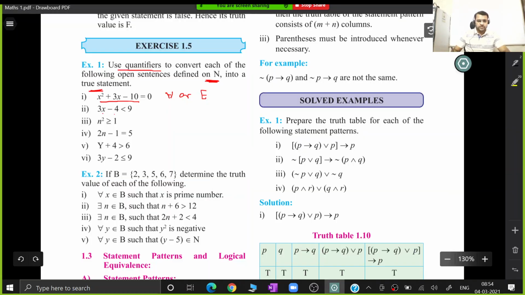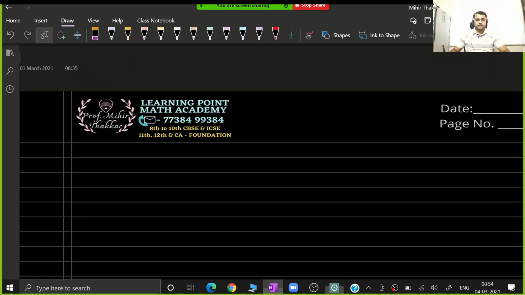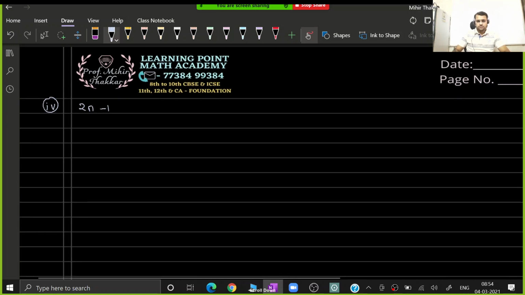The fourth one over here is 2n minus 1 is equal to 5. So let us check for the fourth one. Once again, I have to check all values of the natural numbers which satisfy this condition, because obviously by observing this particular statement we can decide that all the natural numbers will not be satisfying this condition.